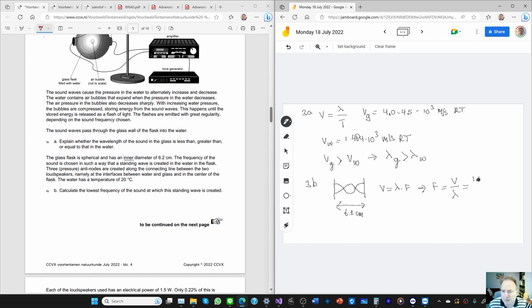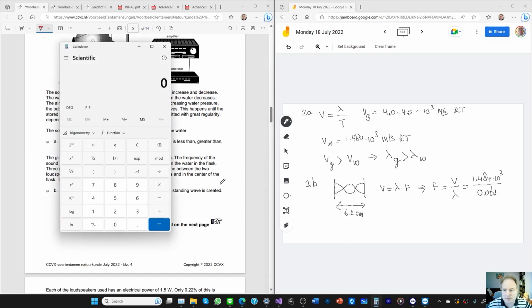So it's 1.484 times 10 to the power 3 divided by 0.62.